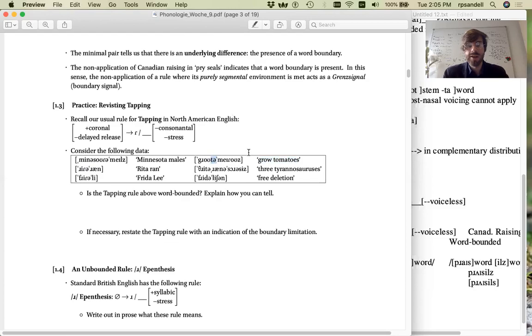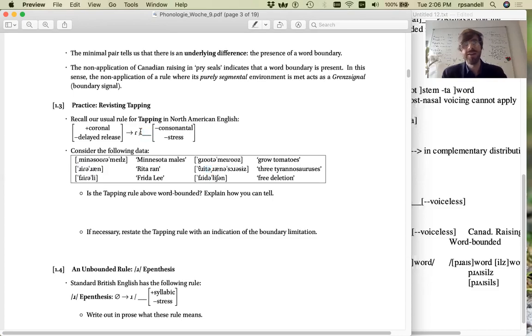So in grow tomatoes, three tyrannosauruses and free deletion, the following segment in each case is a stressless vowel.